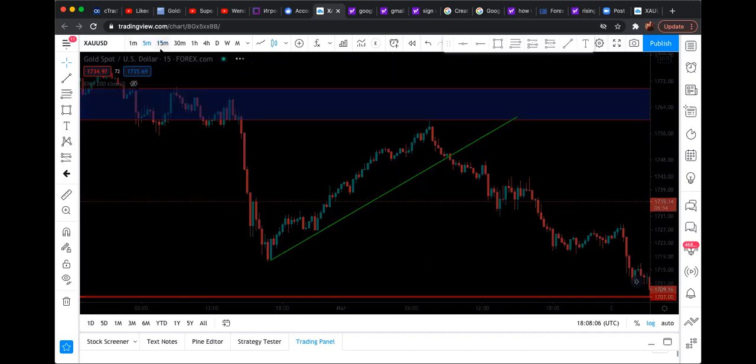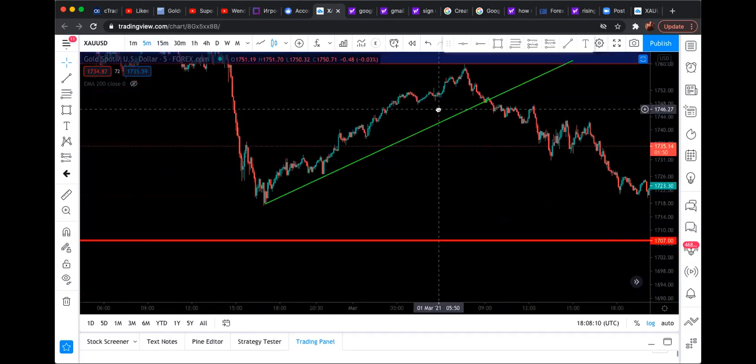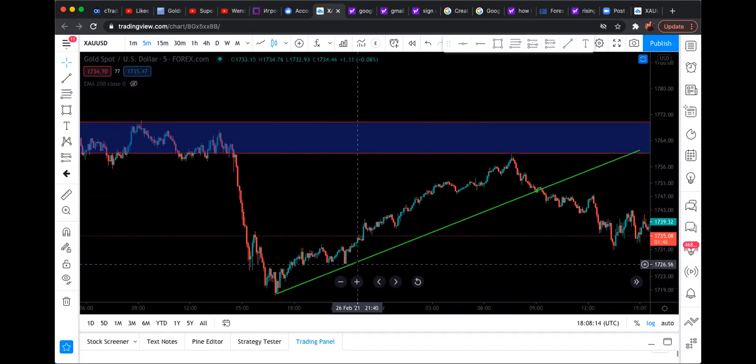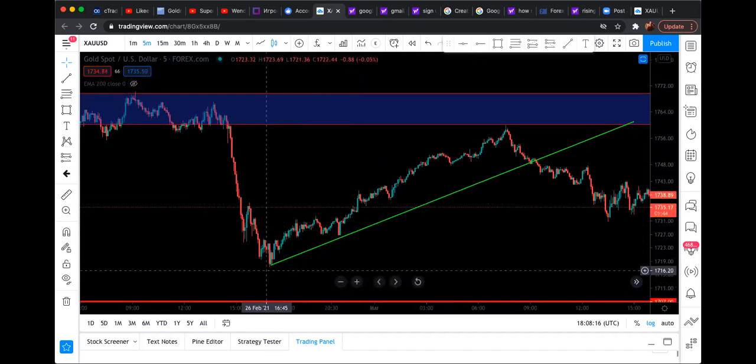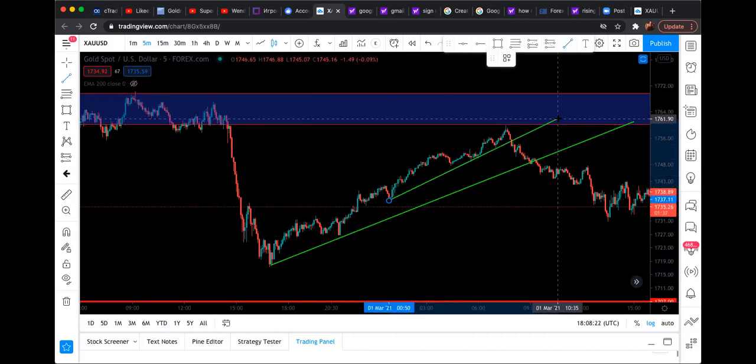Now, when I come to the lower time frame, the lower I go, it becomes clearer and clearer. Do you get it? This is what I meant by a trend within a trend. This is the true original trend where it started from, which means this is the bigger trend line. It became stronger and stronger as it was going, so we have trends within a trend.